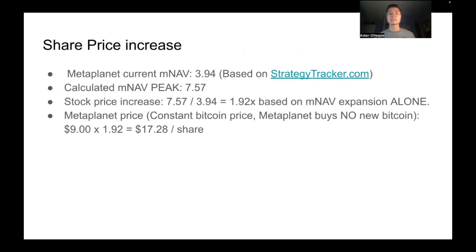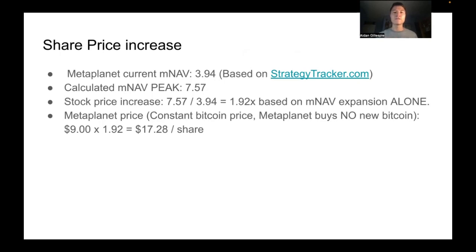Strategytracker.com typically has a slightly higher MNAV than what Metaplanet's website says the MNAV is. I want to keep this consistent based on the data points that I have already used in my models.